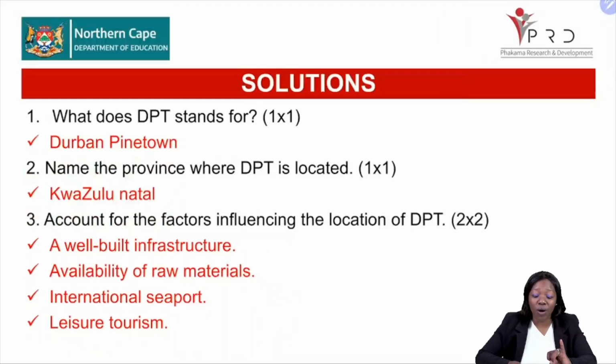Number 1 is a well-built infrastructure, the availability of raw material, your international seaport, as well as your leisure tourism. Remember, one can say there's an availability of harbor, availability of labor force, availability of water and electricity supply. These are also correct factors that influence it.